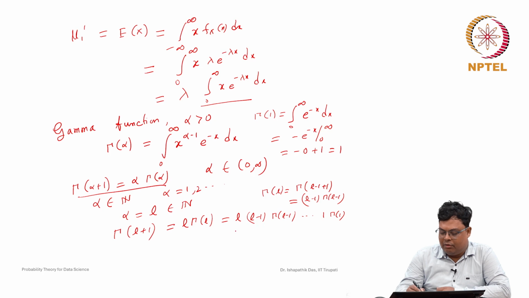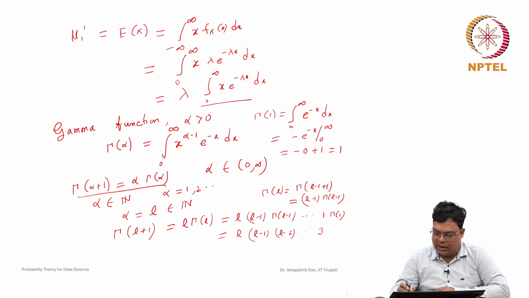So, then it will be L minus 1, then L minus 2, and like this we continue.